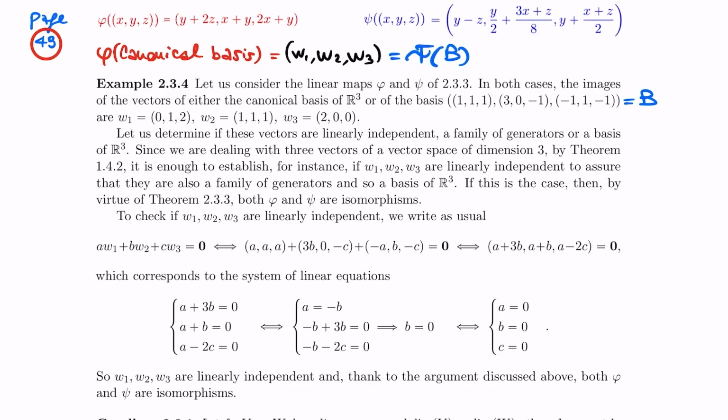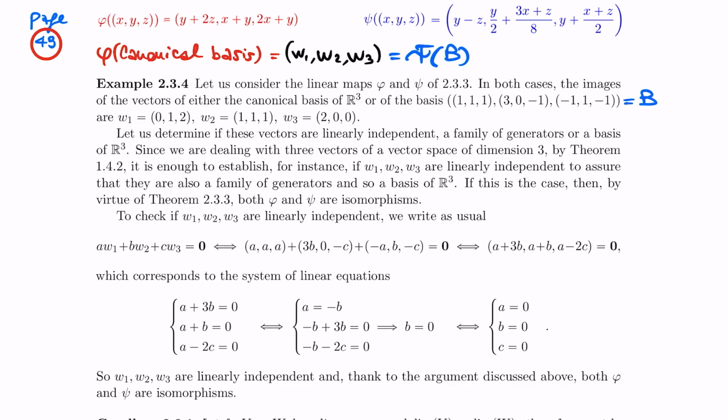To finish the analysis of phi and psi, we can use this theorem here, which says that for an endomorphism, the fact of being one-to-one implies that it is also onto, and so it is also an isomorphism. For this reason, both phi and psi are two isomorphisms of R3.